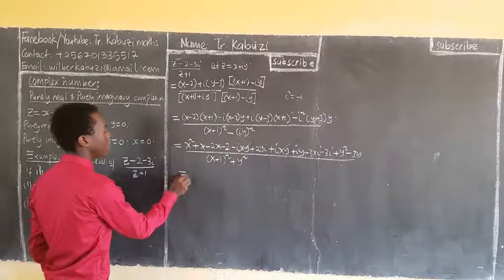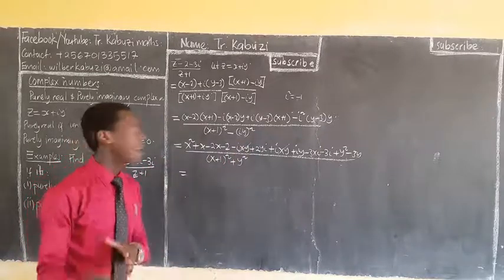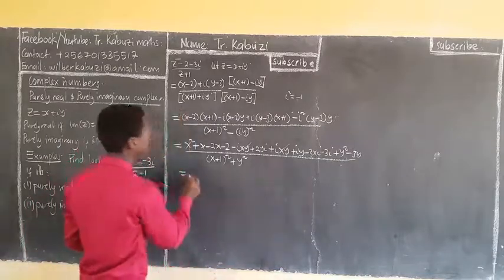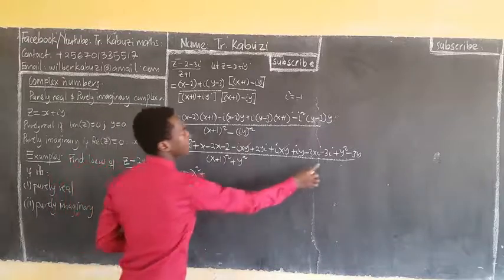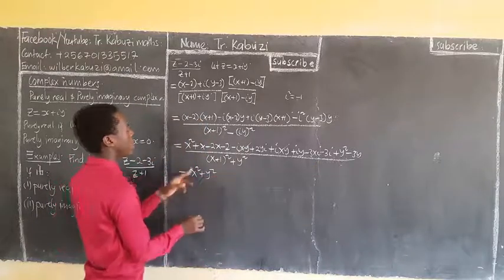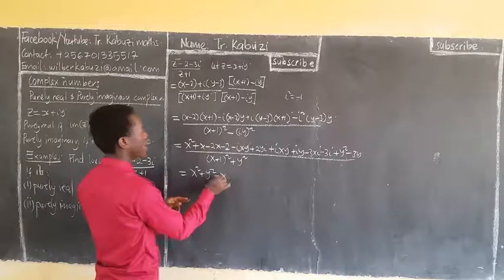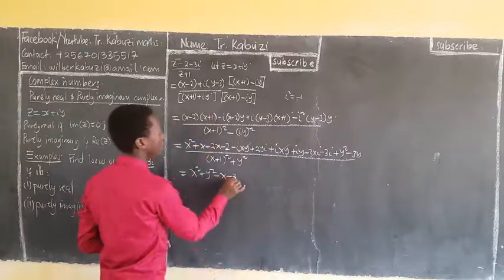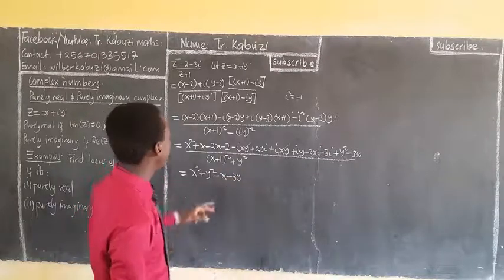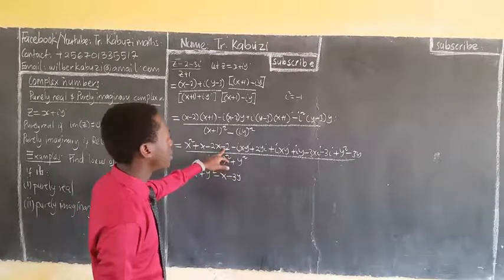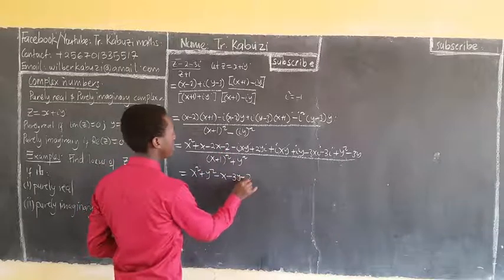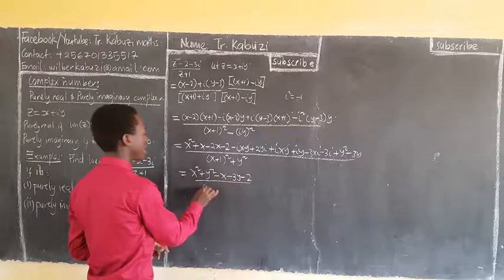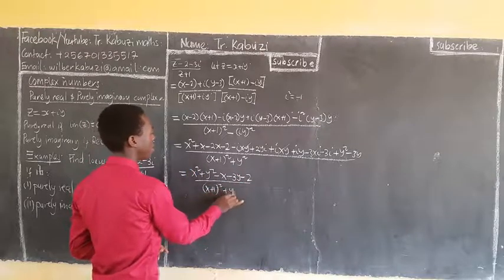Now we group them into the real and the imaginary. So the real, without i, I have x squared plus y squared. This and this will give me minus x. Then this I have here, minus 3y, then minus 2. So I have minus 2. That's the real part. We divide it by the denominator, which is x plus 1 squared plus y squared.